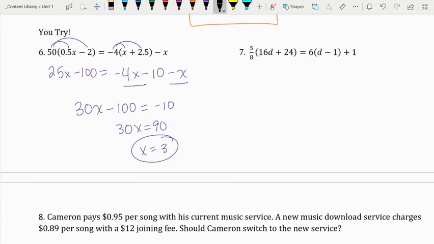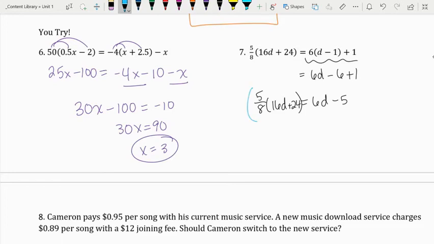On the next one, I am going to multiply everything by 8 first. Okay, well, actually, no. I want to do this first, and I want to distribute the 6. So we have 6d minus 6 plus 1, which really is 6d minus 5. I just wanted to clean that up a little bit.